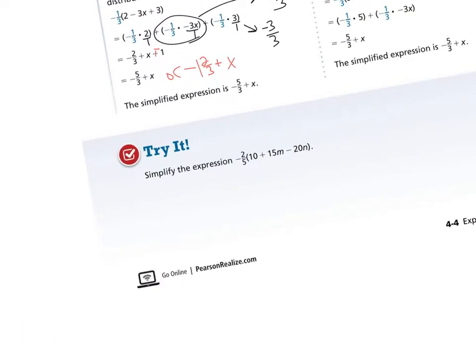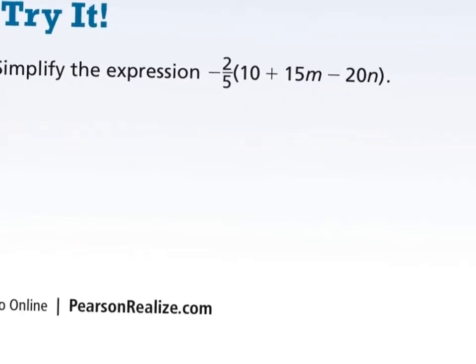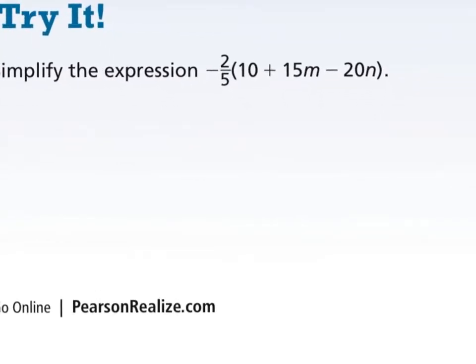So on the try it, we're going to make this into a more interesting problem here. And instead of minus 20n, I'm going to make it minus 20m. So for this, if you want to add the opposite first, you can.